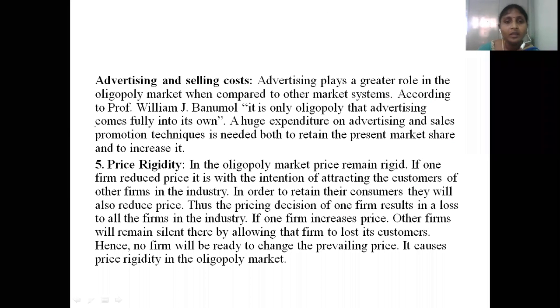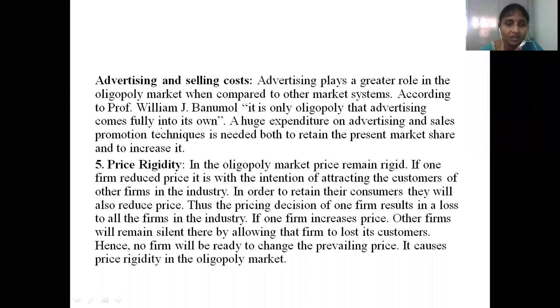A huge expenditure on advertising and sales promotion techniques is needed both to retain the present market share and to increase it. See here, what is the expenditure they are incurring? They are incurring expenditure on both advertising and sales promotion techniques. For increasing their sales, they are doing promotional videos or discount offers, 1+1 offers.